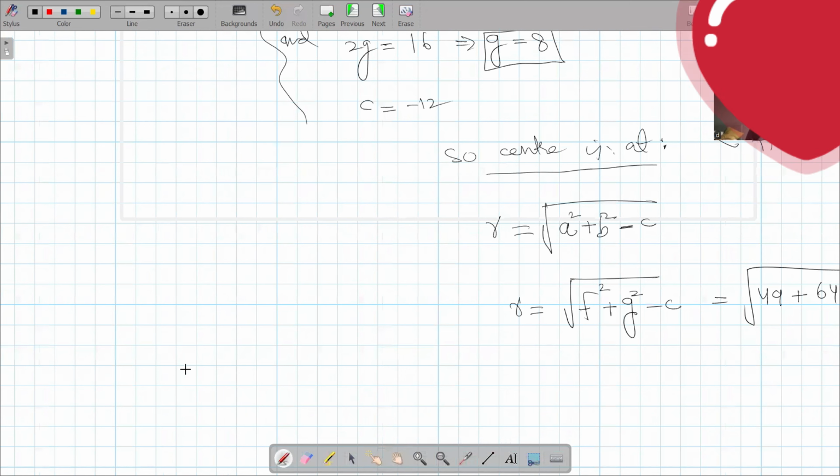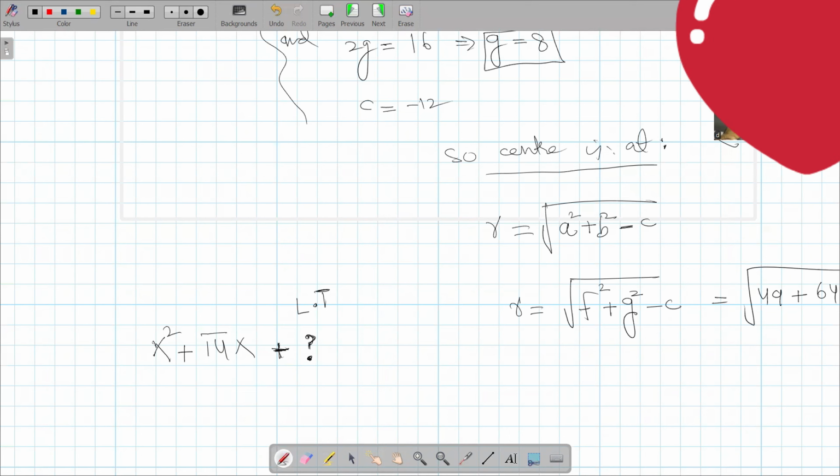If you are asked to complete the square for x squared plus 14x or minus 14x, whatever, the third term is missing, right? The last term can be calculated directly.